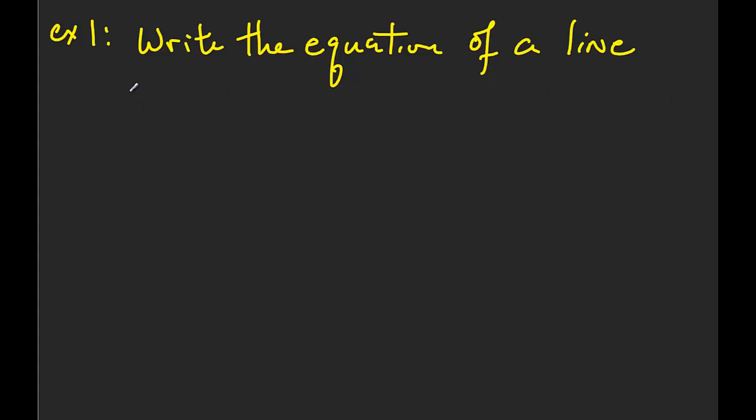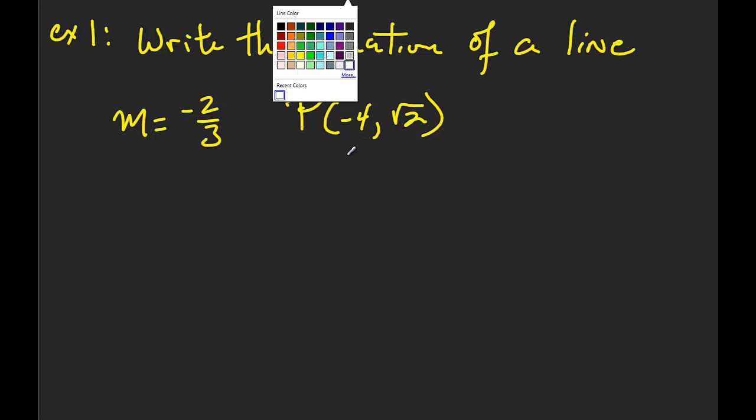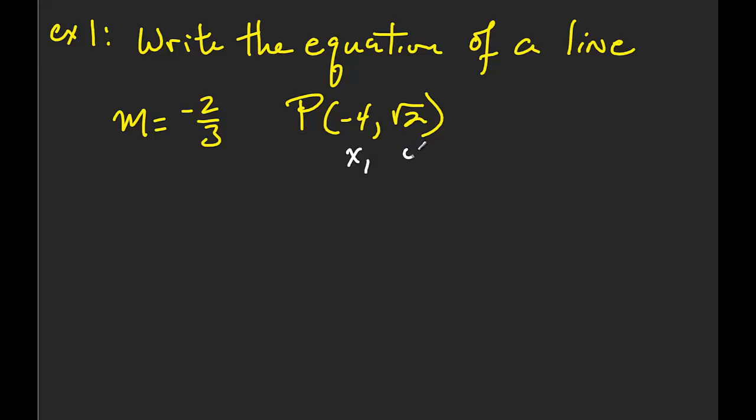Just a few examples. I'm going to start with a simple one. I'm going to give you a slope of -2/3 and a point P of -4 comma radical 2. What you have to know then is that this is your x1, this is your y1, and this is your m.